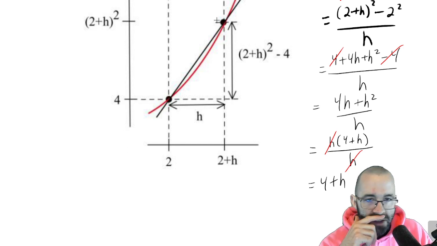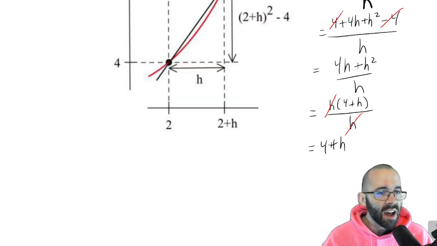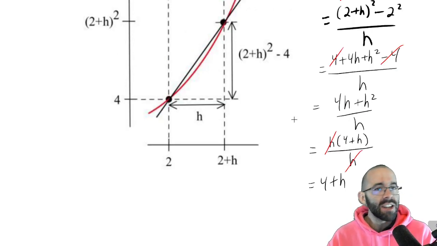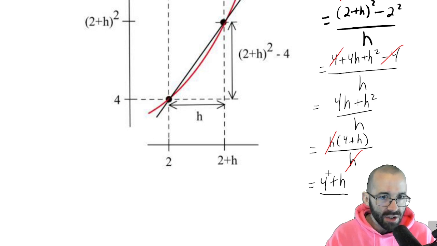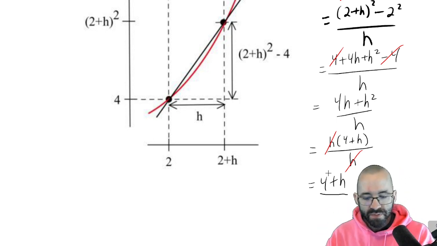So what happens as these 2 points get really close together? As they get really close together, h is getting really, really small. h is just the distance between these 2 points. So what we've done is we found the slope for any distance h.